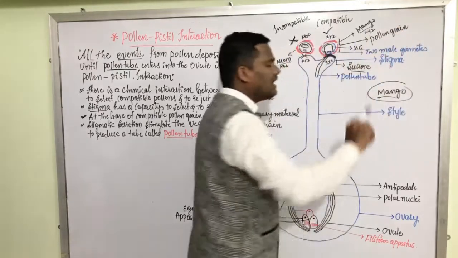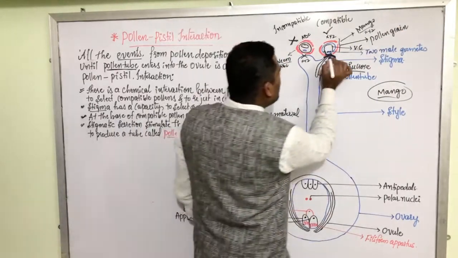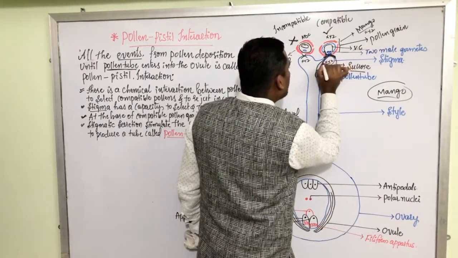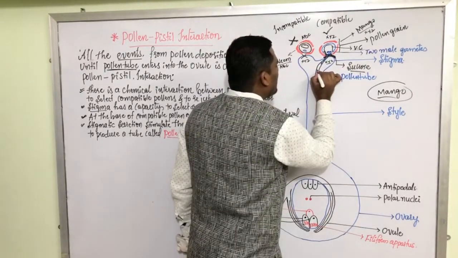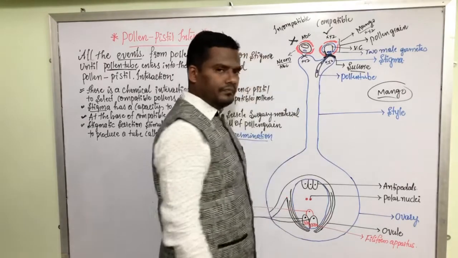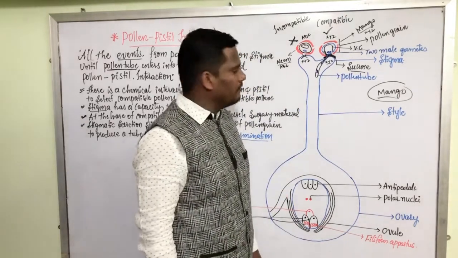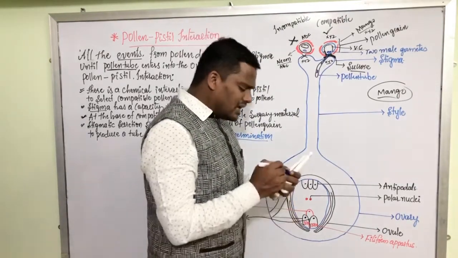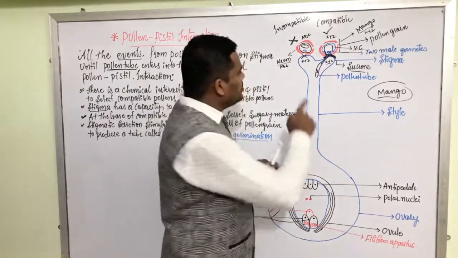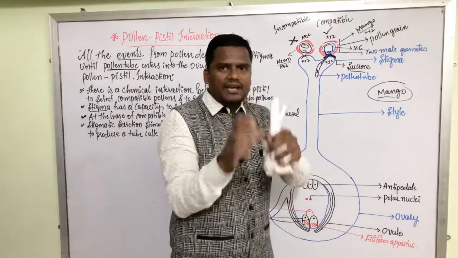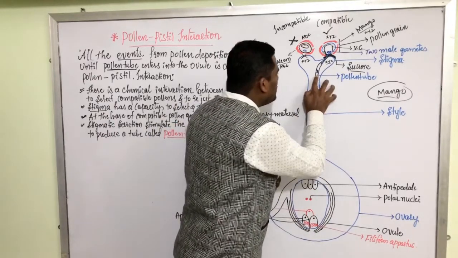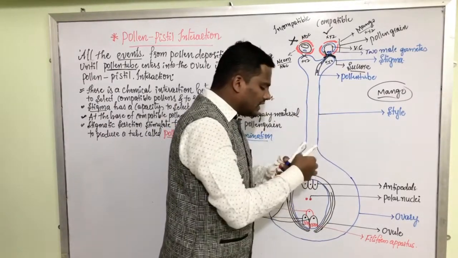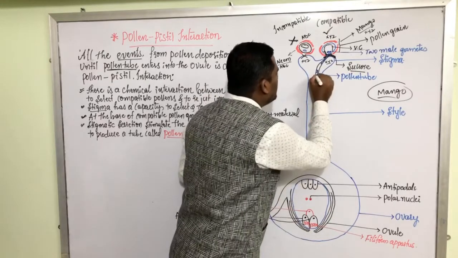Two male gametes are formed, and they follow the pollen tube. As we have discussed earlier, the vegetative cell is rich in nutrients, and that nutrition is now being utilized for the growth of this pollen tube.